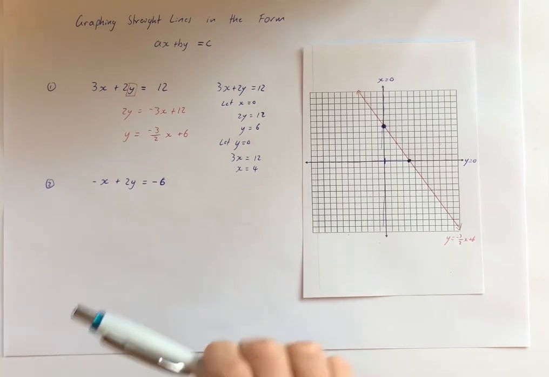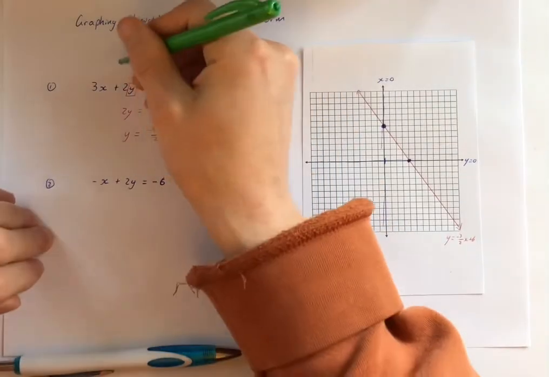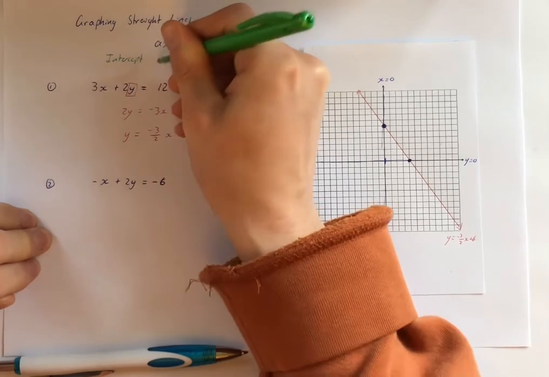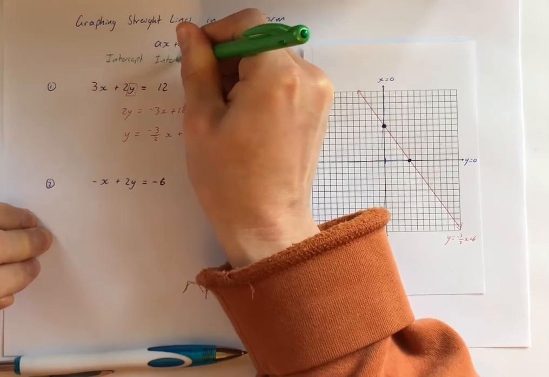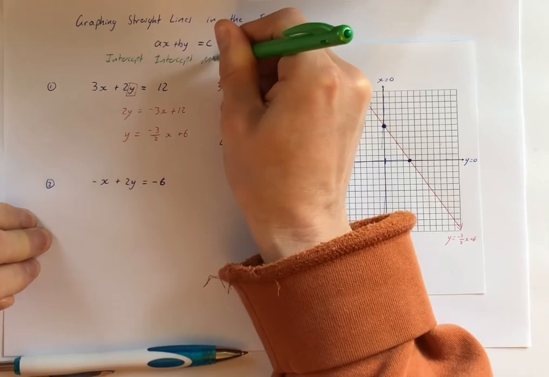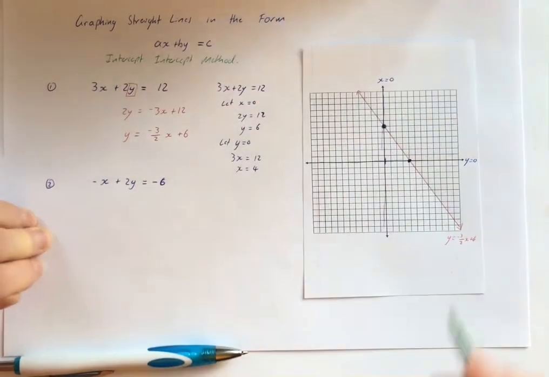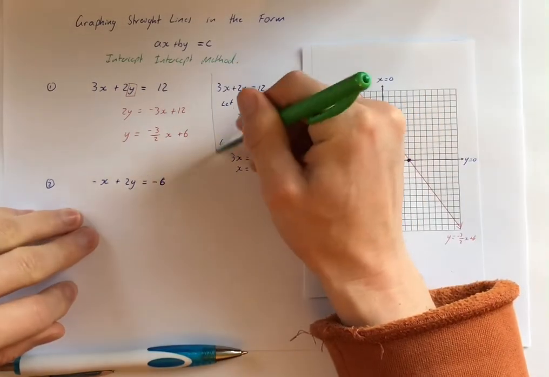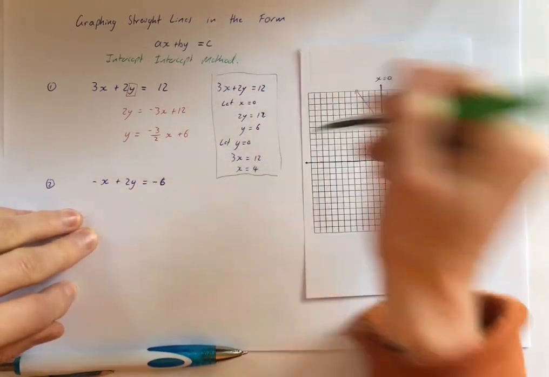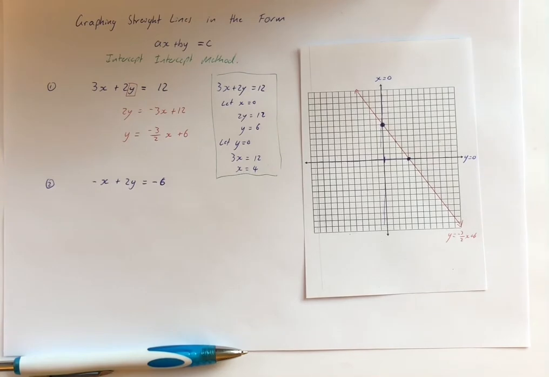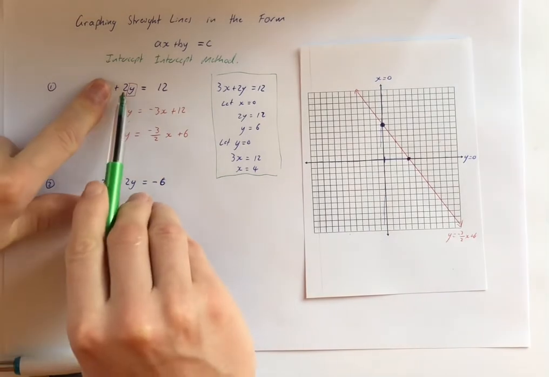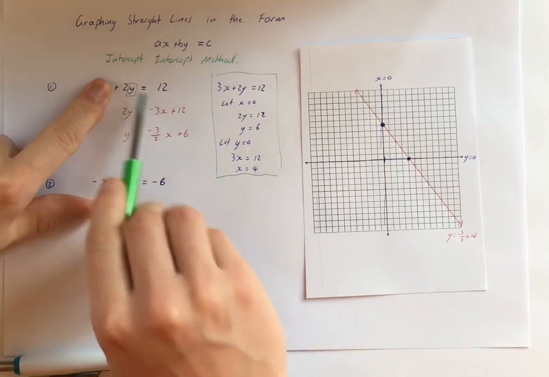What we call this, I call this the intercept method, because all you need to do is find one intercept and the other intercept. I know that also looks like quite a bit of work, but really all you have to do is plot the y-intercept: make x 0, so cover it up. 2y is 12, so y is 6.